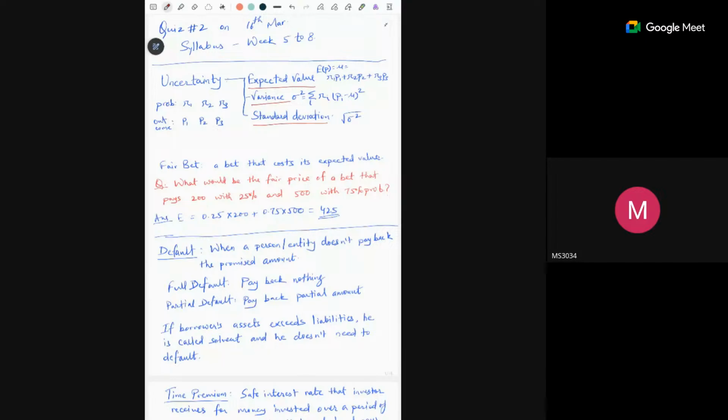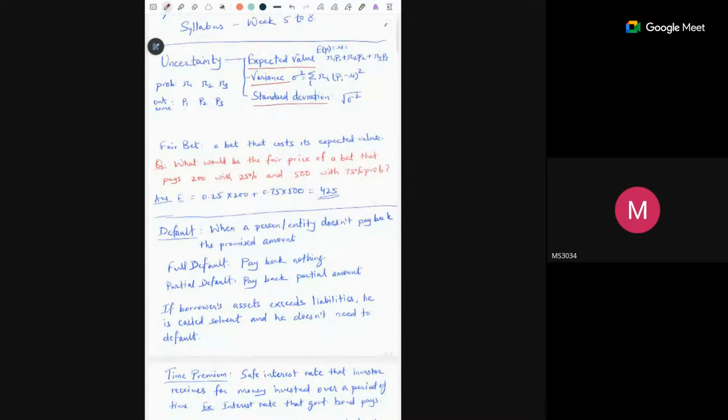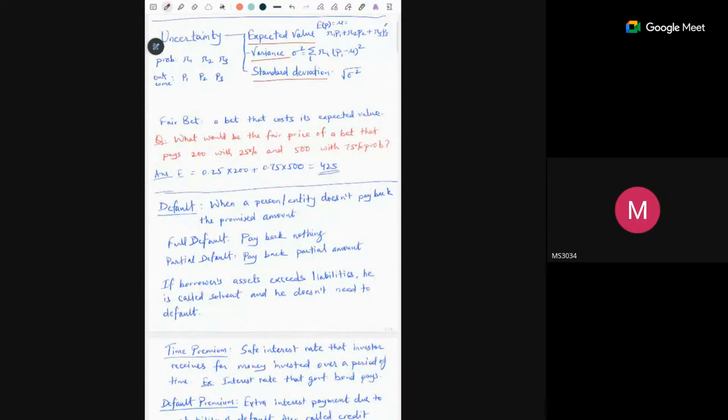Then there was a short discussion regarding a fair bet. A fair bet is one which costs its expected value. For example, if there is a bet which pays 200 with 25% probability and 500 with 75% probability, what would be its expected value?